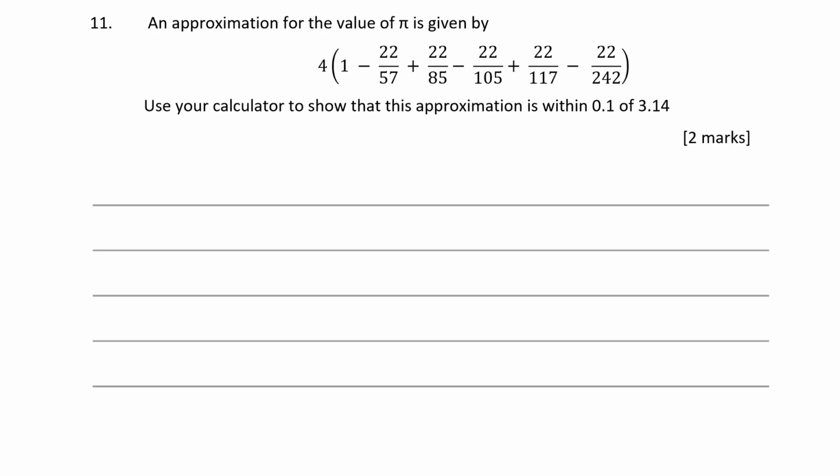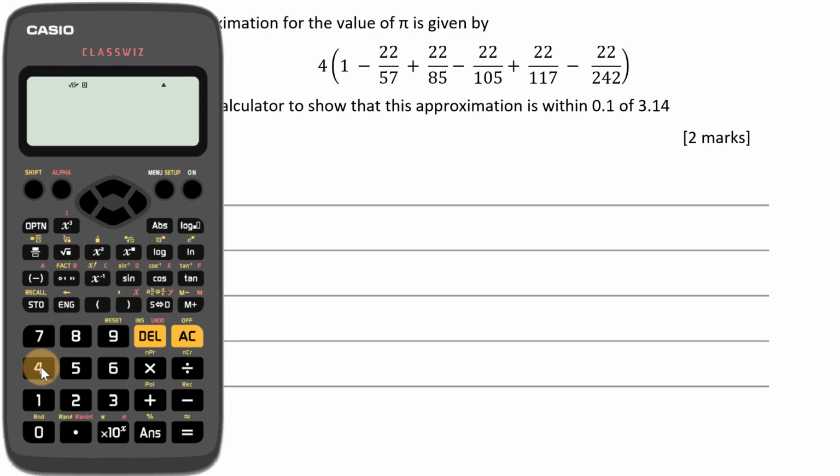Okay, let's do that then. So calculator, tell me what is 4 times, open bracket, 1 minus, I'm going to use the fraction key all the way through here, 22 over 57 plus 22 over 85 minus 22 over 105.